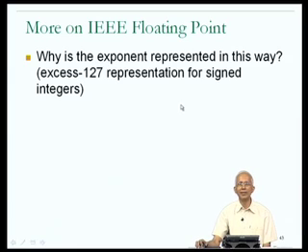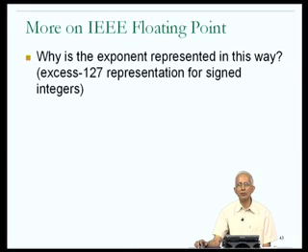The first thing to bear in mind is that in general, for floating point, to represent real values, the exponent would have to be a signed integer. Okay? For very small values, the exponent is going to be negative. For very large values, the exponent is going to be positive. Therefore, in general, the exponent value is going to be a signed integer.